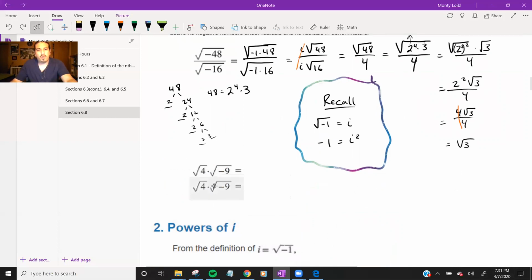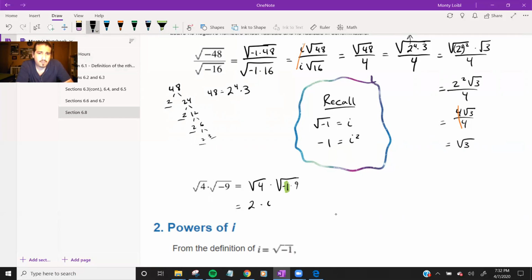we only have one negative right now, right? We've got the square root of 4 times the square root of negative 9. So let's just rewrite it, and then we'll start evaluating. So we know that the square root of negative 9 can be written as the square root of negative 1 times 9. So the square root of 4 is 2. Now we have a negative 1 underneath the square root, so it can come out as i.